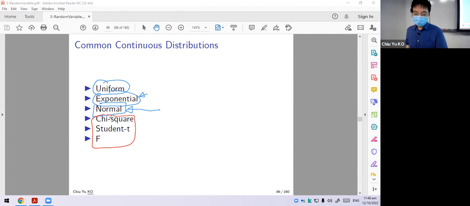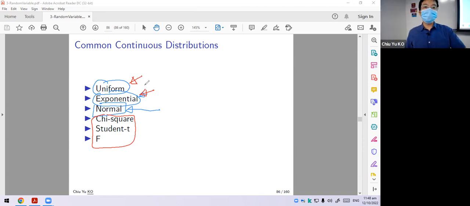So mainly what we will learn today is the normal, and let us briefly review these two. Just to remind you, uniform is: given an interval, any value within that interval has the same probability.